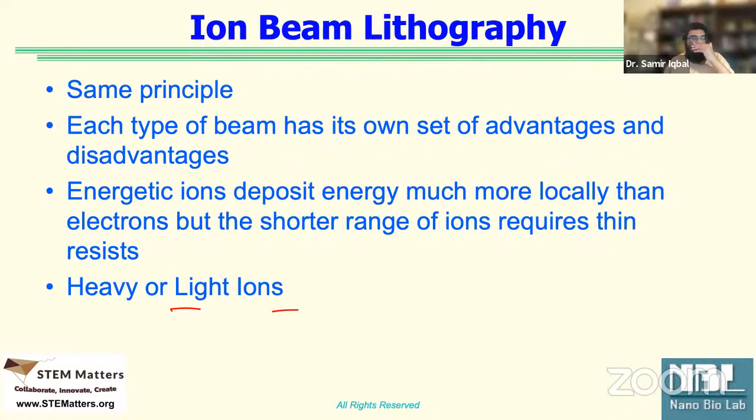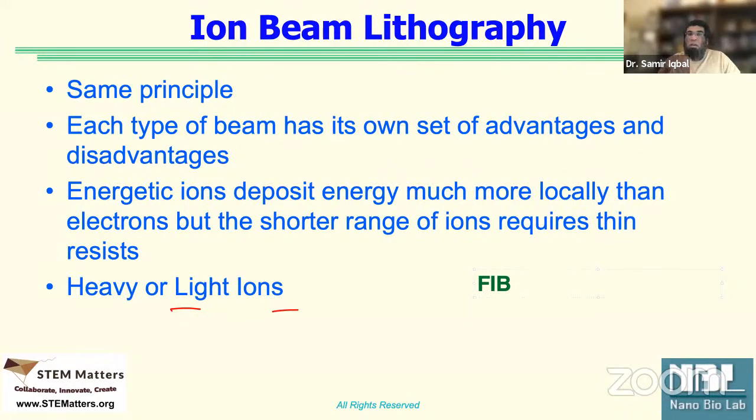So we call the machine focused ion beam. We shorten it, we call it FIB. So if you see the word FIB written somewhere, just know that this means focused ion beam machine, which can be used for imaging, and which can be used for ion beam writing.